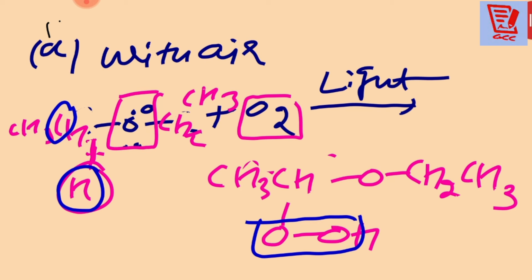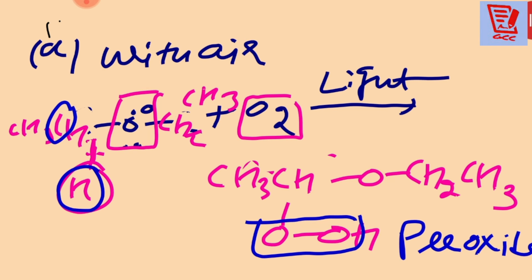And it becomes peroxide. So on exposure to air, ether reacts with oxygen and forms peroxide. Clear?